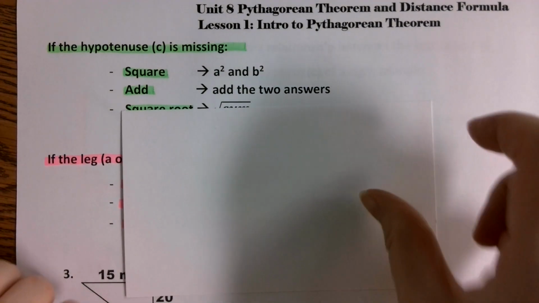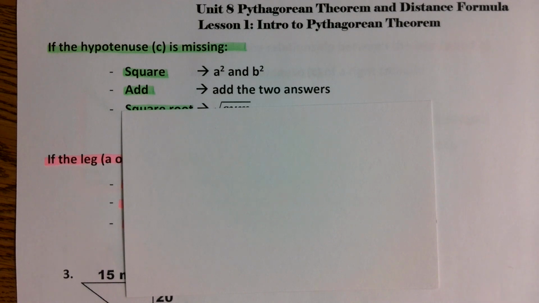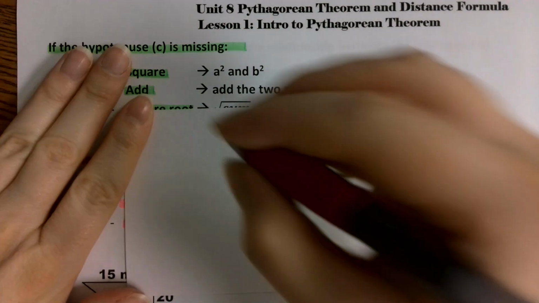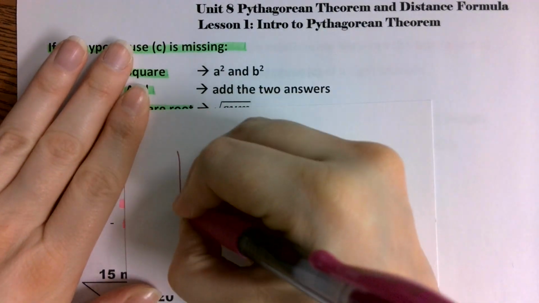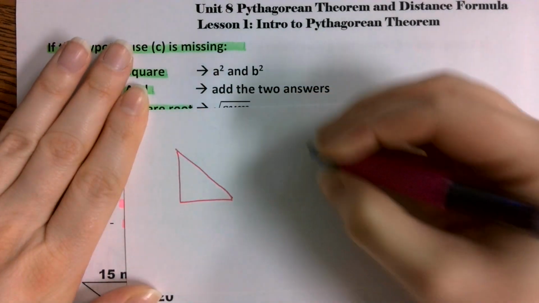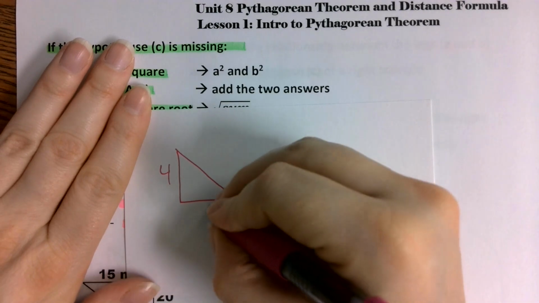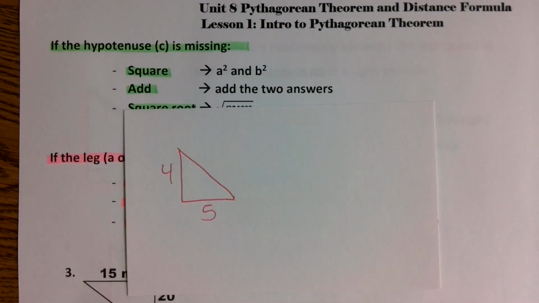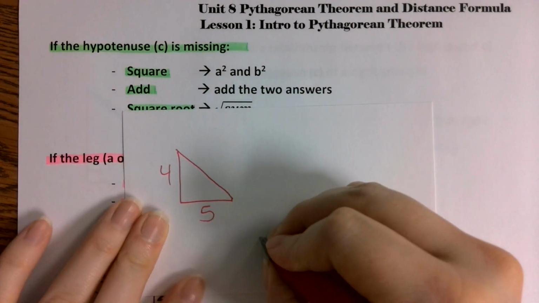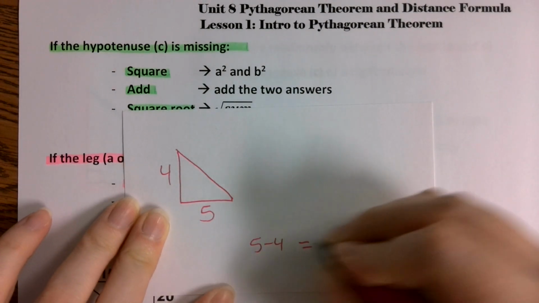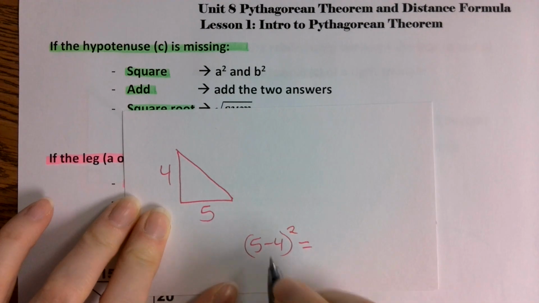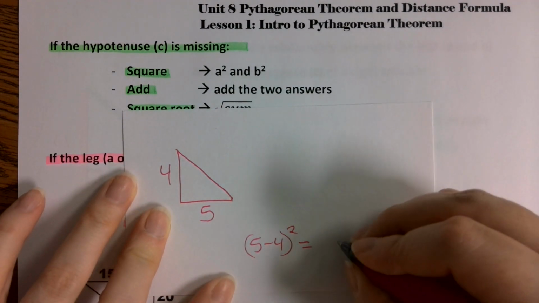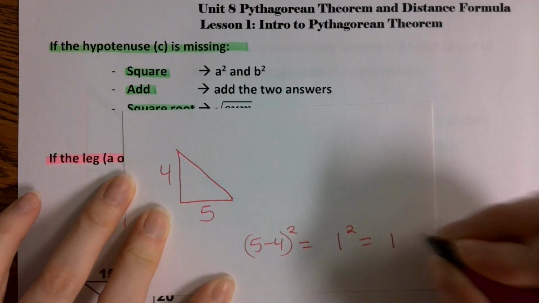Let's say that we are dealing with the last one that we just had. If you were to say, hey, I've got my triangle, and I know that this measurement is 4 and this measurement is 5, and I want to find out what this measurement is, you're saying instead to just do 5 minus 4 and then square that answer, right? What's 5 minus 4? 1. And then 1 squared would just be 1.